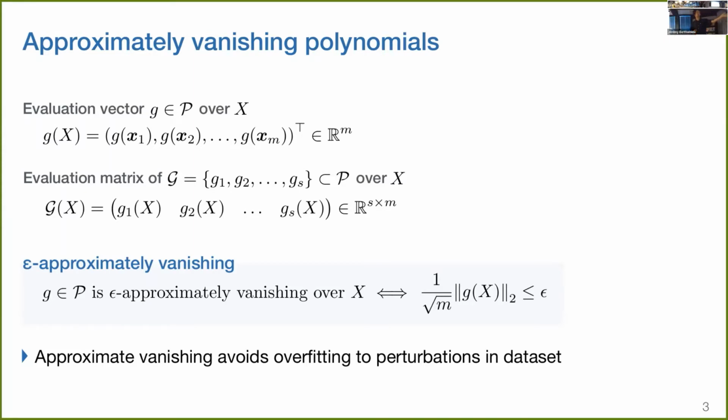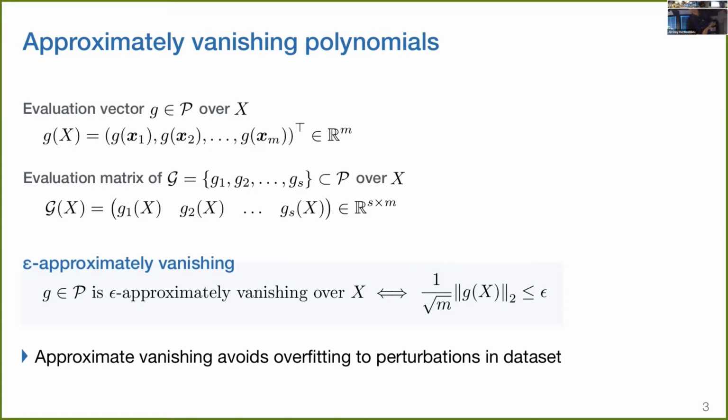We use the 2 norm just because it's convenient for computation. And we use the scaling, which gives us a bound that is independent of the number of samples. So we're just taking the average.